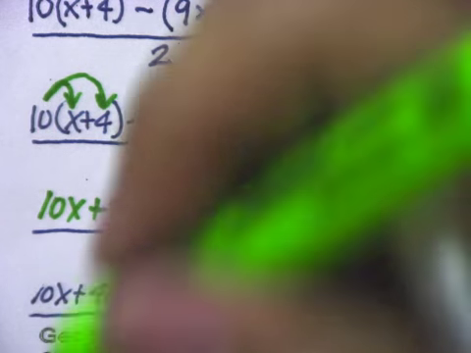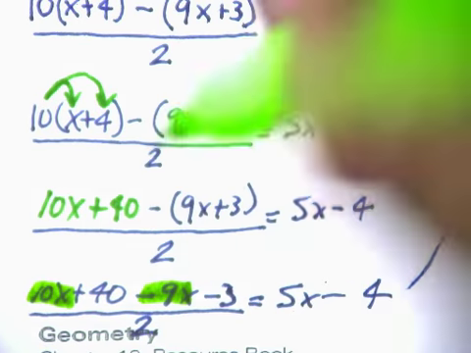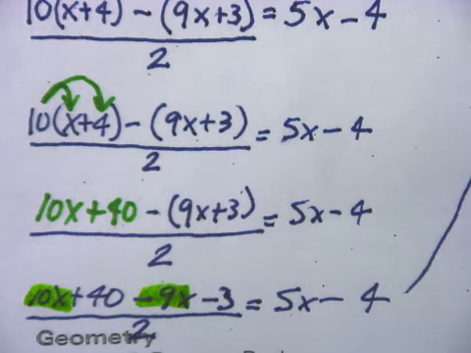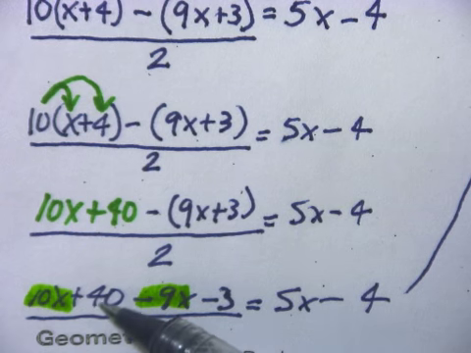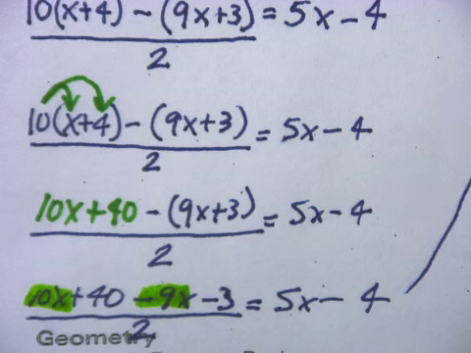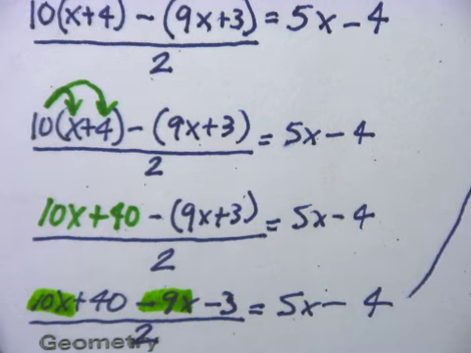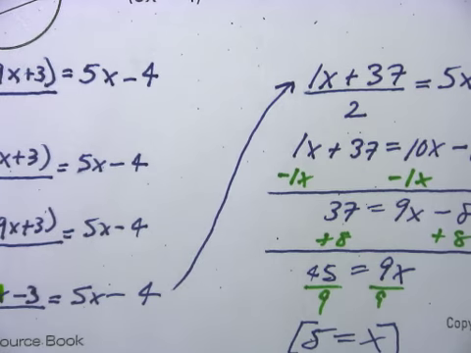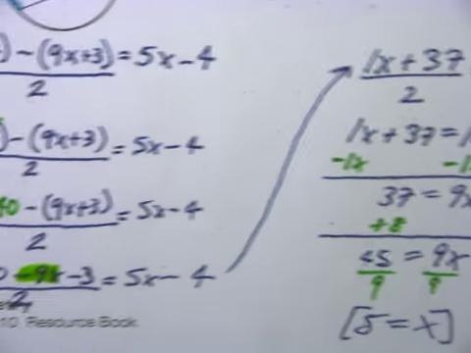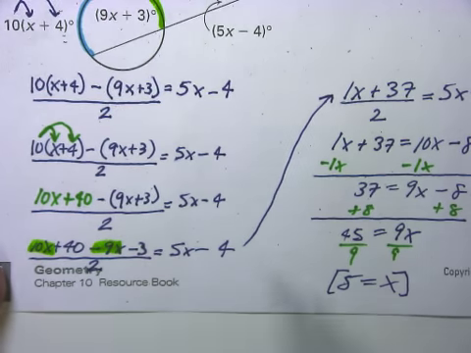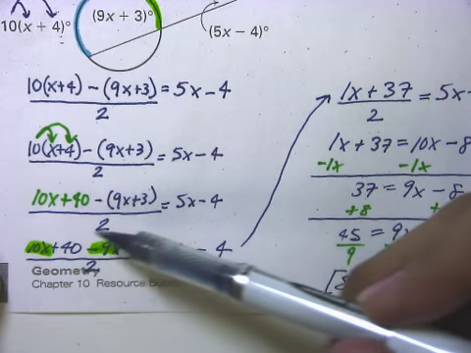Well, now that I've simplified the top of this equation here, I can start combining like terms. For example, I have 10x minus 9x. That should give me 1x. And I have positive 40 minus 3. That should give me positive 37. And if you look here, that's exactly what I get.